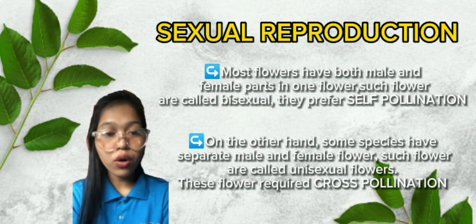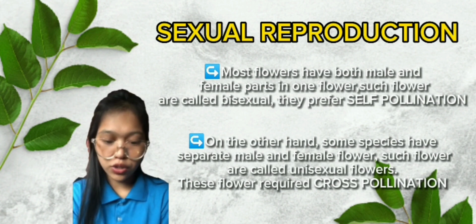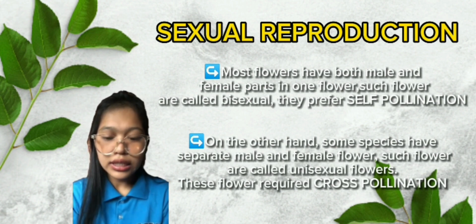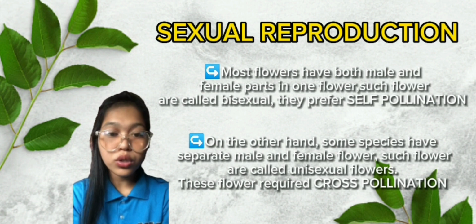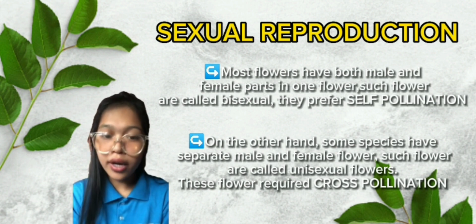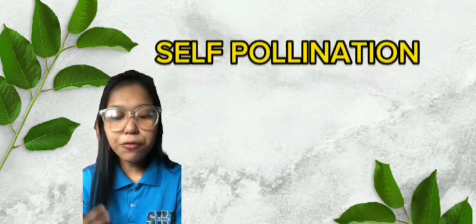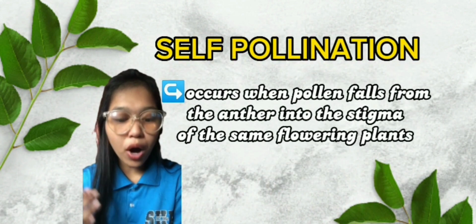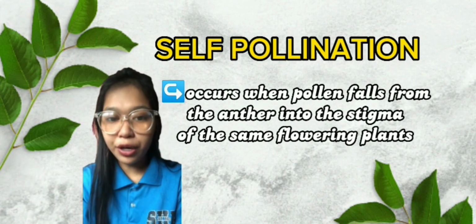Most flowers have both male and female parts in one flower. Such flowers are called bisexual. They prefer self-pollination. On the other hand, some species have separate male and female flowers. Such flowers are called unisexual flowers. These flowers require cross-pollination. In summary, self-pollination occurs when pollen falls from the anther onto the stigma of the same flowering plant.